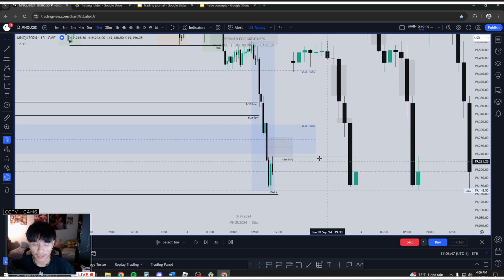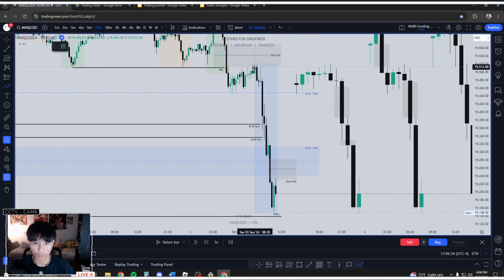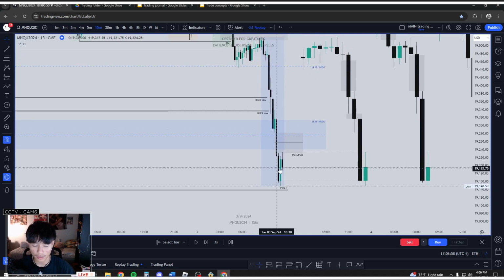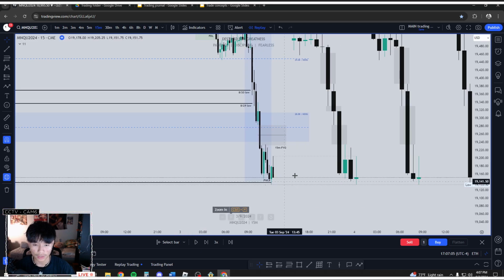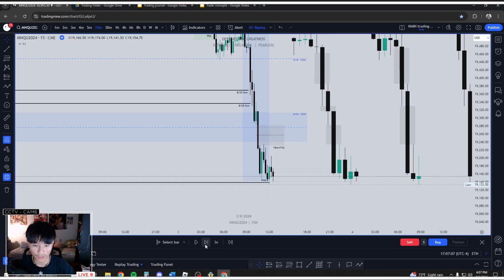So now in my head, like I said, we took out August 30th and August 29th lows. We didn't retrace. We didn't get a reversal after this. We just continued to trade lower. So the previous week's low became the clear draw on liquidity for me. So now I'm just trying to find an entry model to target that previous week's low.